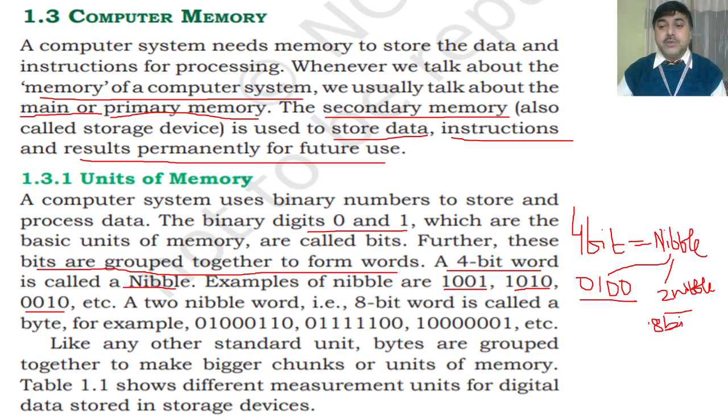You can see there are four numbers, 1, 2, 3, 4, which is one set of numbers, and this is another set of numbers. This way we can create nibbles, and we can make a very big chunk of memory.